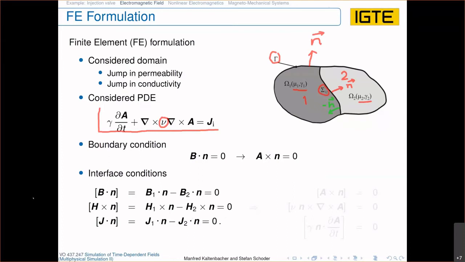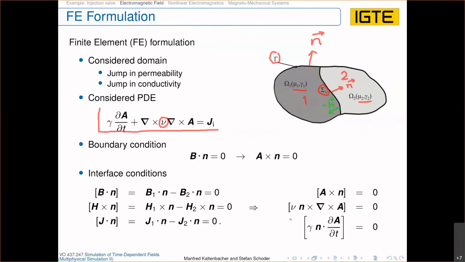Which means at the end, if we now substitute this with the magnetic vector potential, then we have clearly the same as on the outer boundary. The tangential component should be continuous along the interface. For the tangential component of H, you get this long expression where we also have to take into account that we have our material parameter.